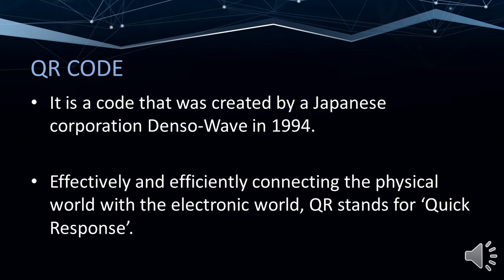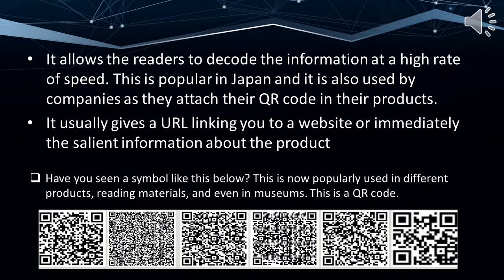QR code is a machine-readable code consisting of an array of black and white squares, typically used for storing URLs or other information for reading by the camera of a smartphone. It also allows the readers to decode the information at a high rate of speed. This is popular in Japan, and it is also used by companies as they attach their QR code to their products.